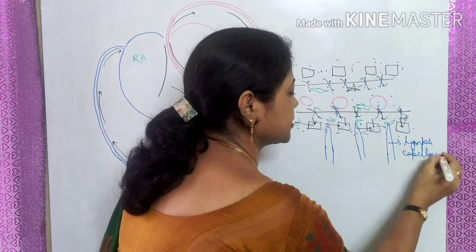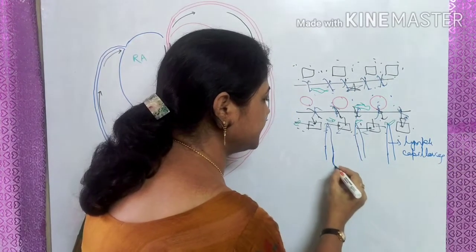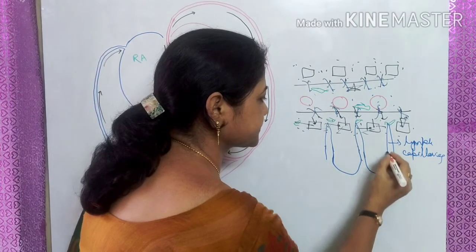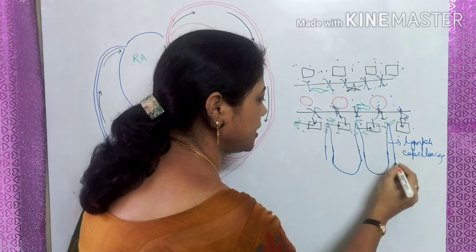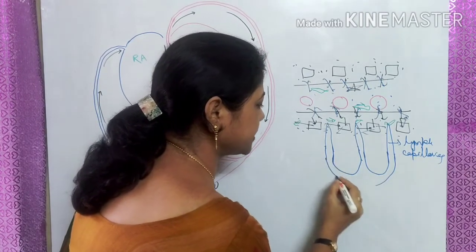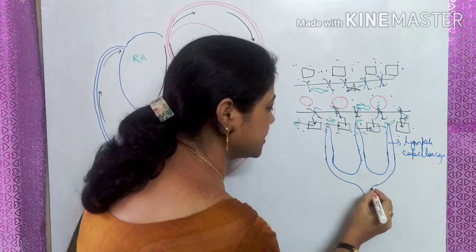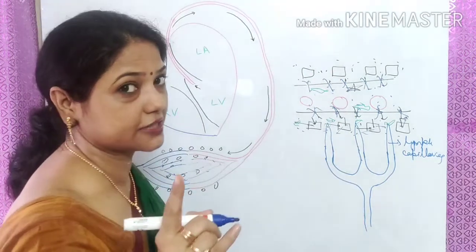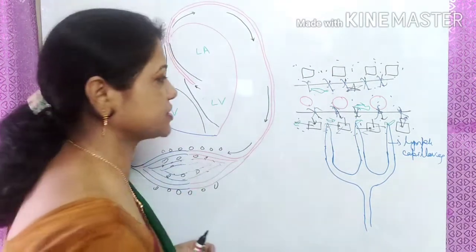These capillaries, what happens? They join with one another, and it forms thicker vessels which are called lymphatic vessels. Now what happens, you see?